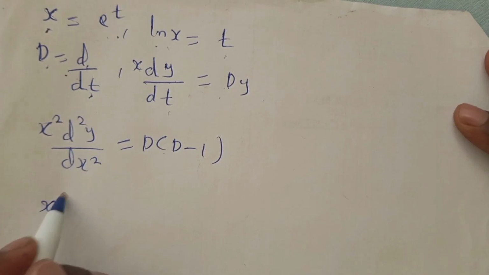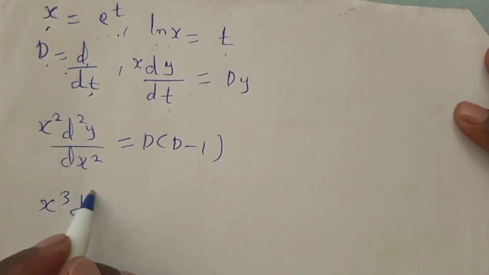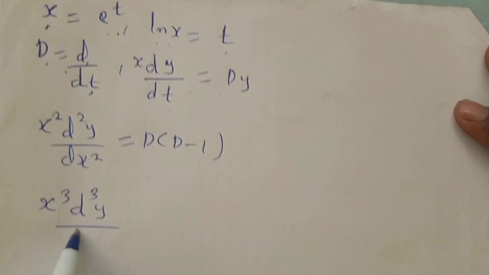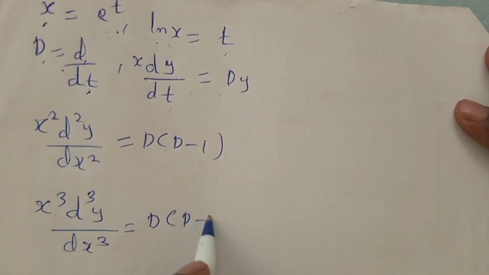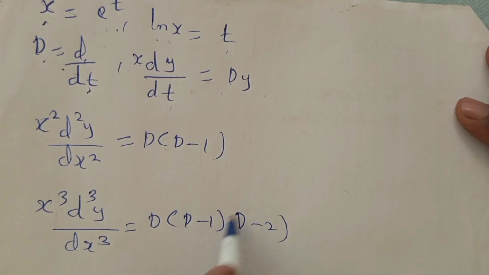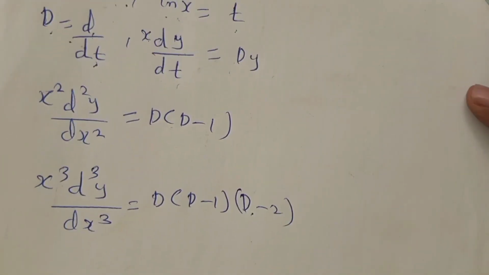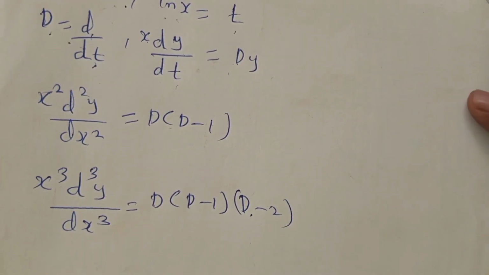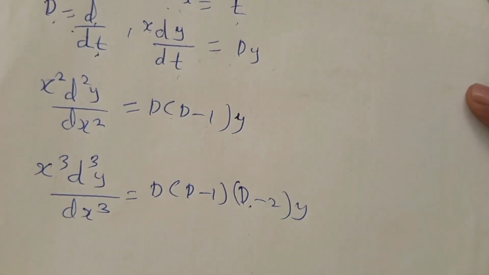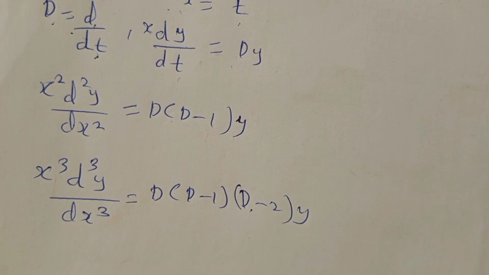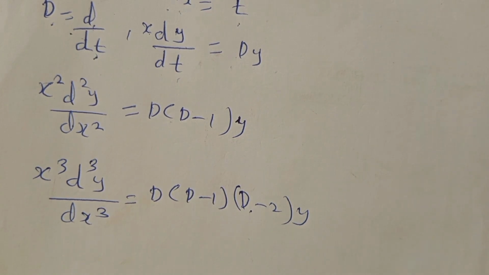We also substitute x cubed third derivative of y with respect to x to be equal to D into bracket D minus 1, D minus 2. So we make those substitutions, and then we are able to solve the second order ODE, which is linear and which has variable coefficient.